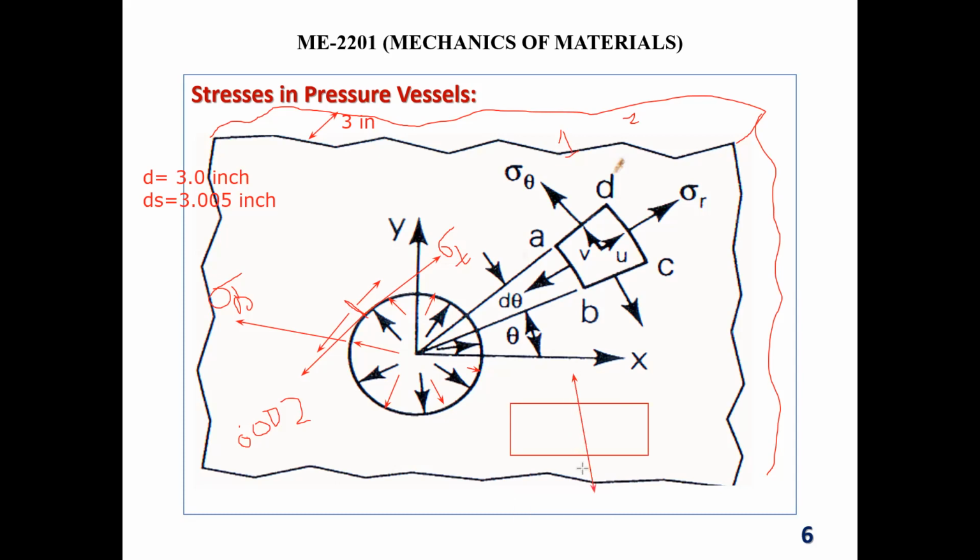It will not become 2 parts automatically, right? That means somebody pushes in this direction, somebody pushes in this direction, and it becomes 2 parts. That means this somebody pulling by a force over an area means stress. So this is happening: somebody is pulling along the longitudinal direction, along the length of the pressure vessel. So this stress, we give it a name: longitudinal stress, sigma L.